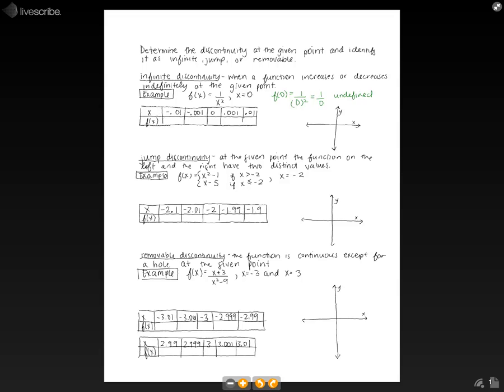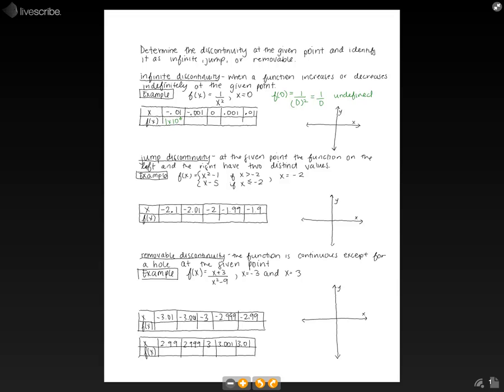So let's determine what kind of discontinuity it is by making an x and f of x table. We'll see what the function is doing on the left and the right sides as it approaches 0. So I picked two values to the left and two values to the right that are very close to 0. When you plug negative 0.01 into the function, you get 1 times 10 to the 4th.